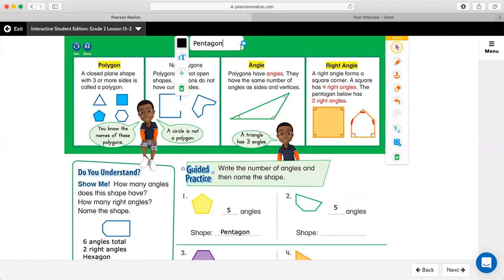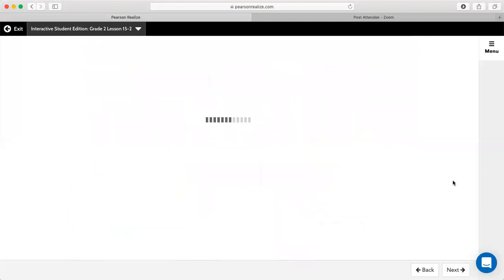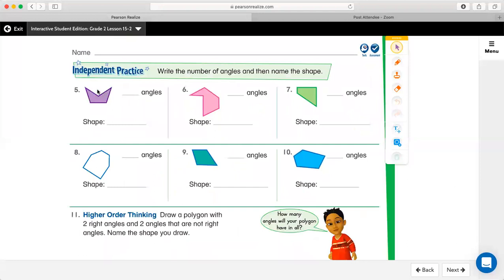It's pretty silly that they put 2 pentagons next to each other, okay? And that's what you're going to do now for number 3 and number 4. Count the angles, and the same thing with 5 through 10.